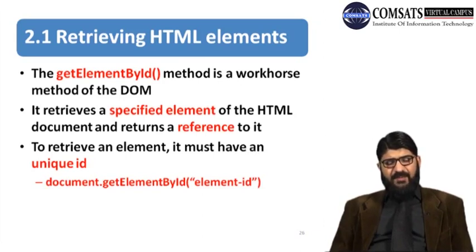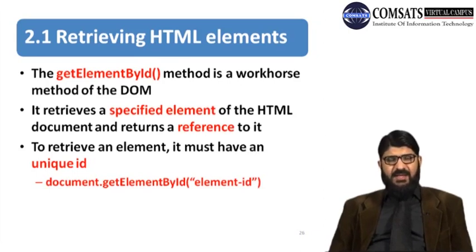What does getElementById do? It will basically retrieve a specific element of the HTML document and it refers to it. So to retrieve an HTML element, it is necessary that it should have a unique ID. What is the way of it? See, document dot, and now the name of the method is mentioned, getElementById, and then in brackets the unique element ID is given.